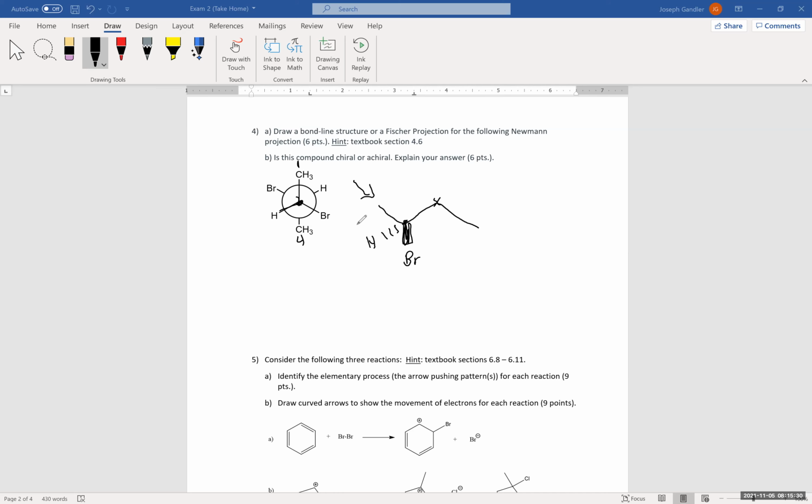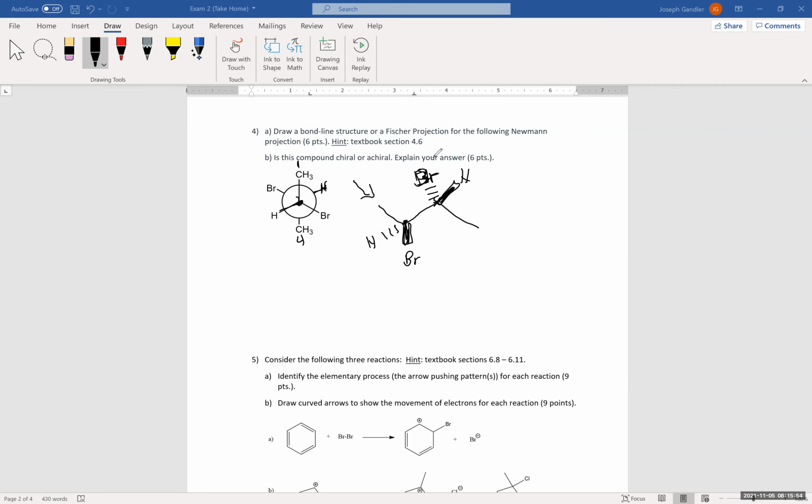You can leave that out if you want. And then in the back, the bromine is off to the left. So that's going back. Oops, that's the bromine. And then the hydrogen is off to the right. So that's the one that's coming forward, right? So that's the bond line structure from the Newman.